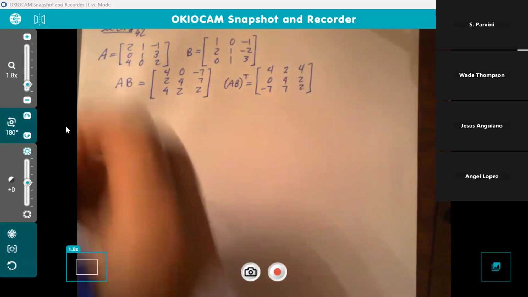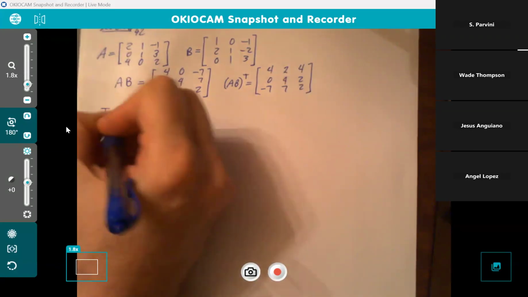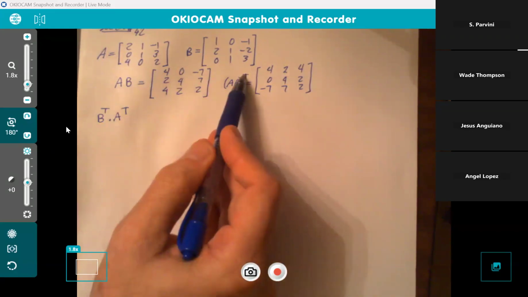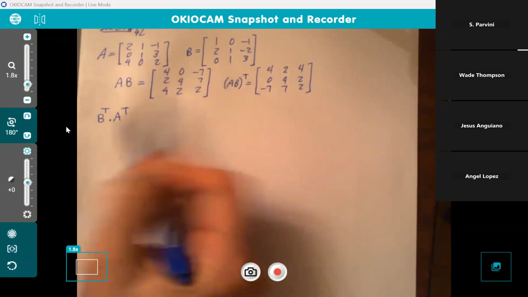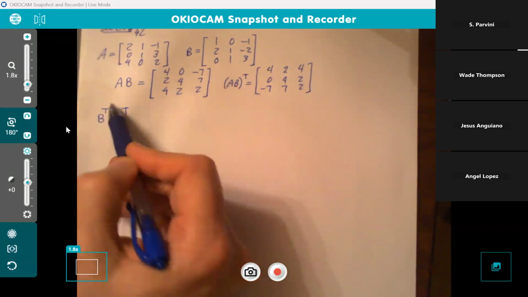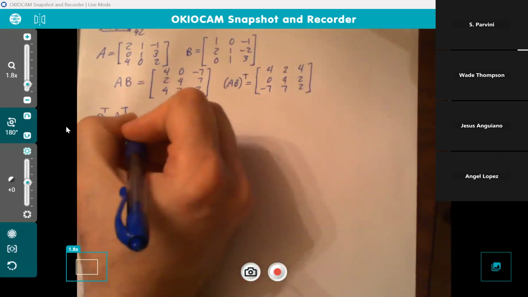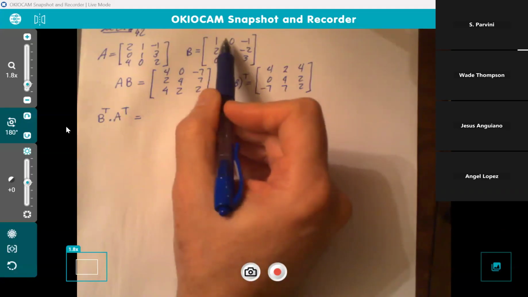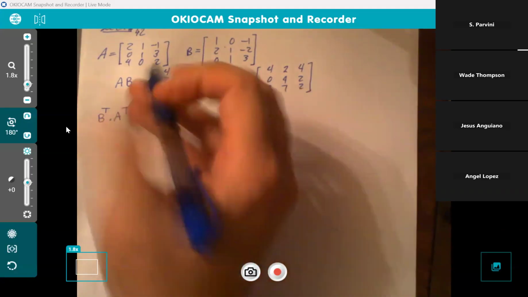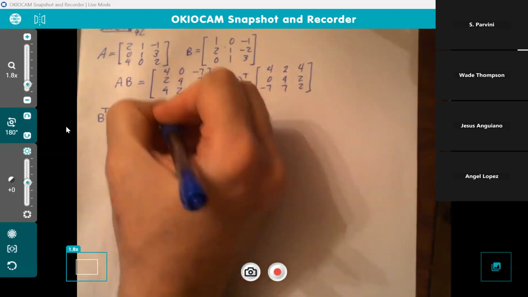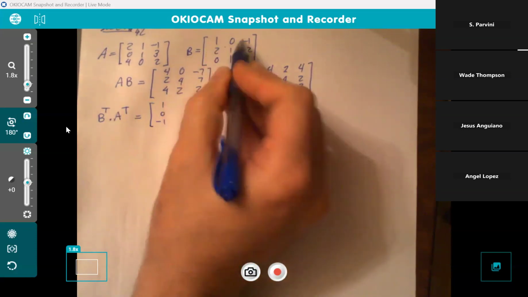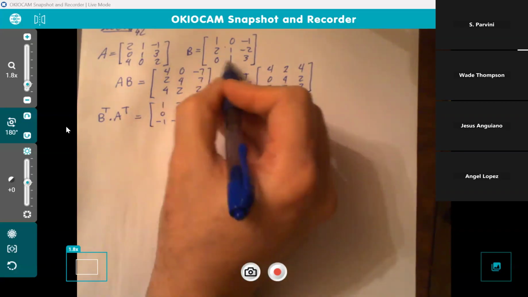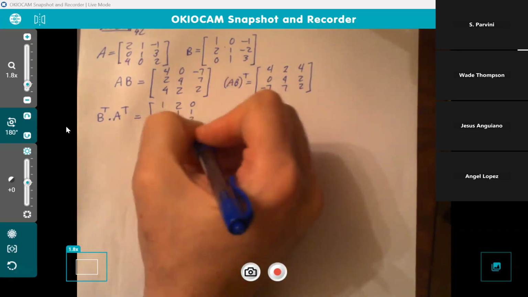Now, it says verify, that is B transpose times A transpose. You see how we changed the order of, again, transposition here? AB becomes B transpose A transpose. Now, this is B, so we're going to transpose this matrix. So B transpose is 1, 0, negative 1, 2, 1, negative 2, 0, 1, 3.